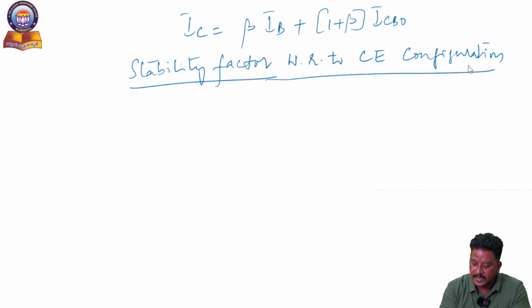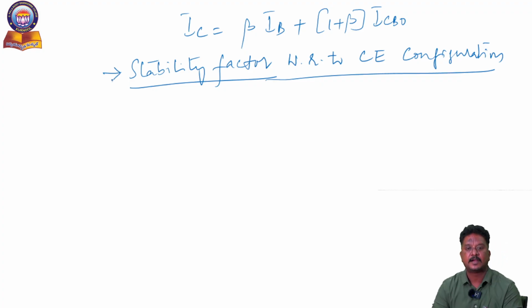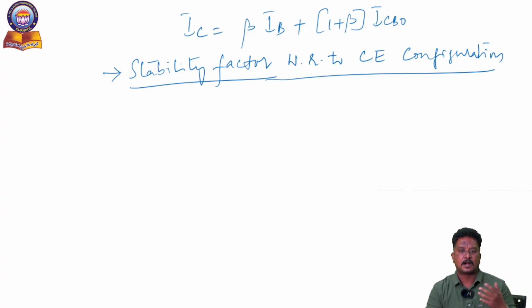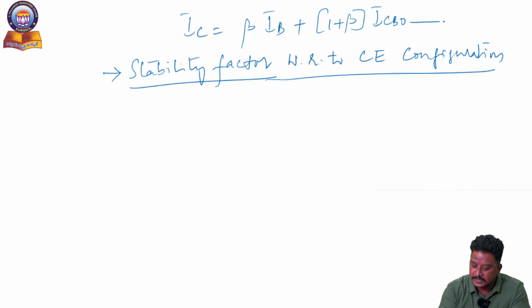Previously we looked at the basic definition of the stability factor, which is applicable for common base, common emitter, common collector, or any configuration we have to consider. That is the basic definition. But according to the common emitter configuration, the stability factor will differ according to the type of circuit we are using. Now consider this as equation 2.